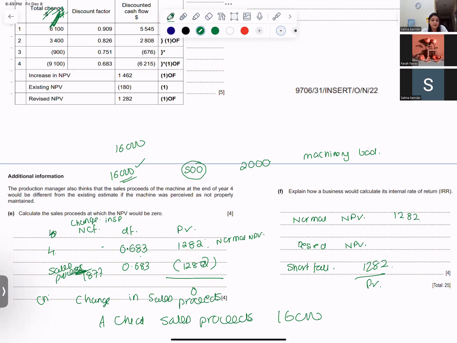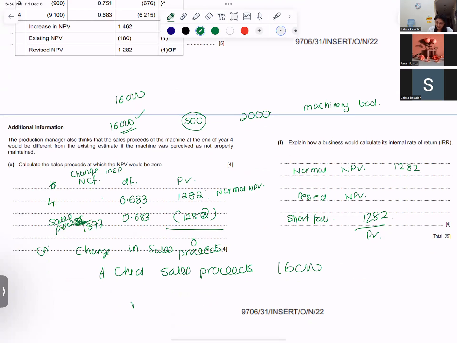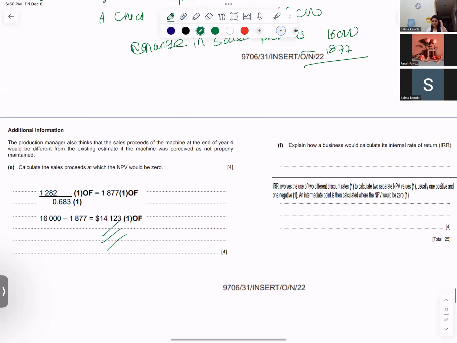Okay. What will be your new sales proceeds? 16,000 minus 1877. How much will it be? 14,123.